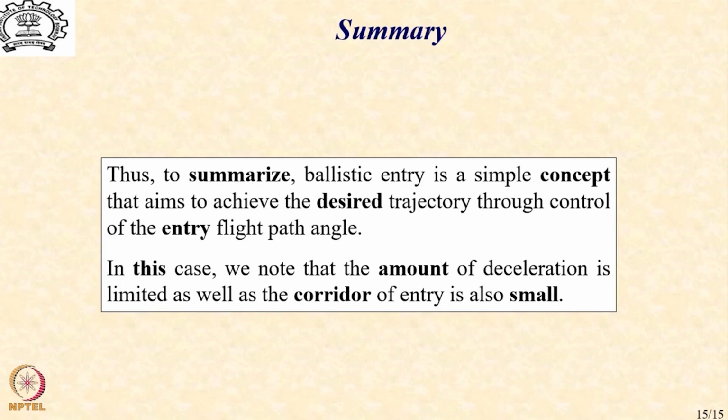Of course, we have seen that by making the entry angle shallow, it is possible to manage the heat load and the deceleration, but then it is possible that the time spent during the flight is likely to be significantly large.